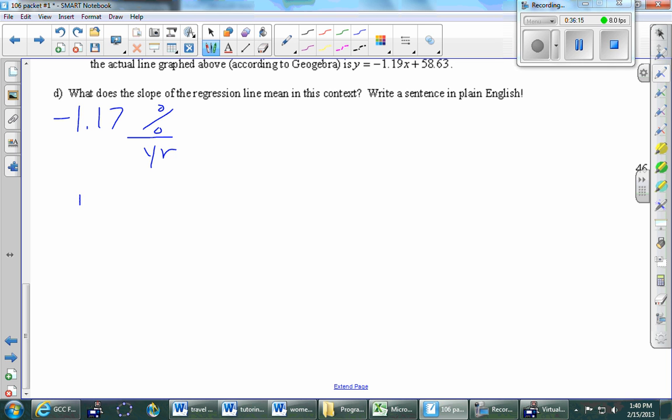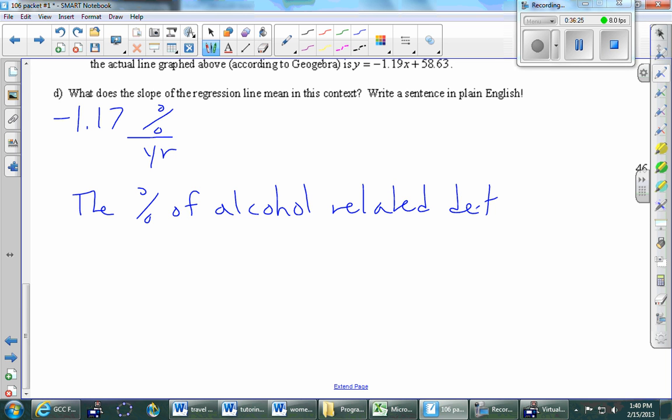So the percent of alcohol-related deaths changed by negative 1.17% per year.